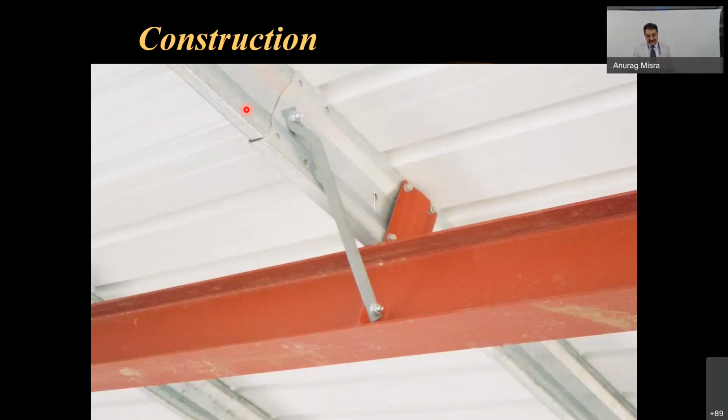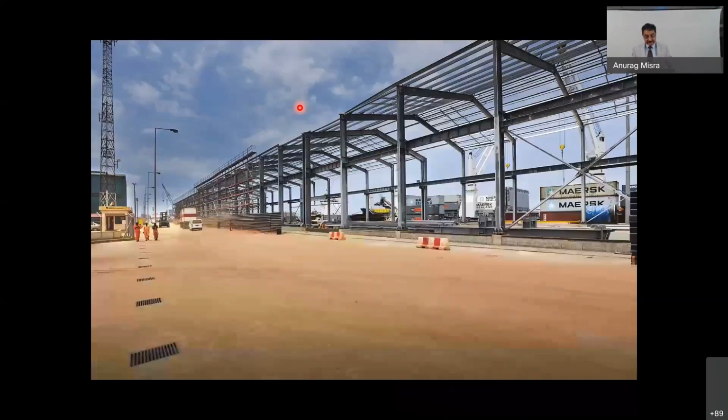So for avoiding the lateral buckling, you just have the connections made here. And then, as I said, you can go for long platforms, storage buildings, and any other type of building.